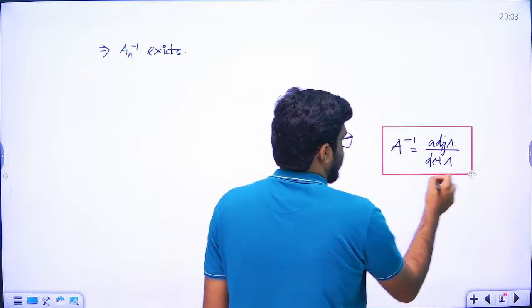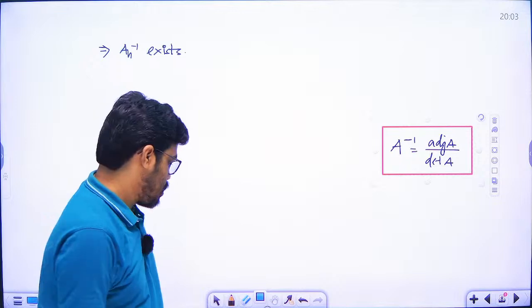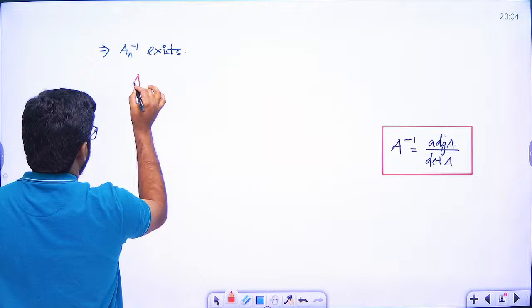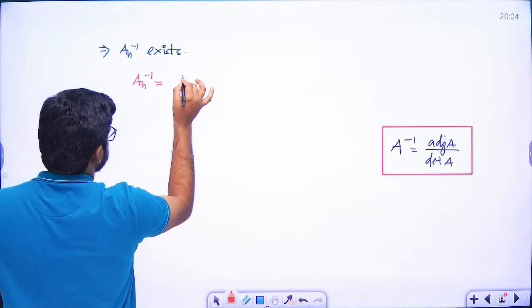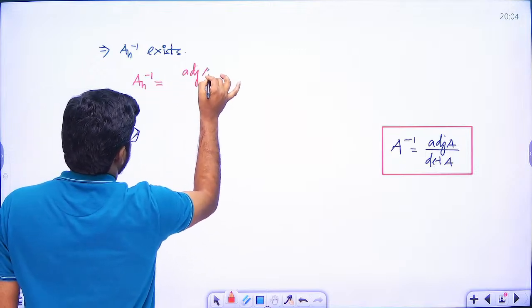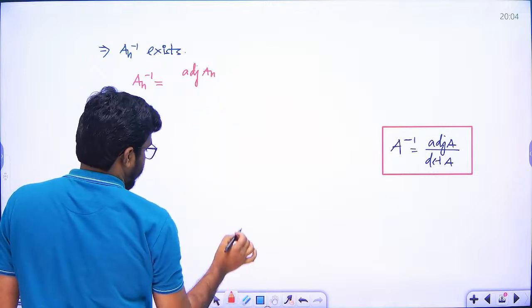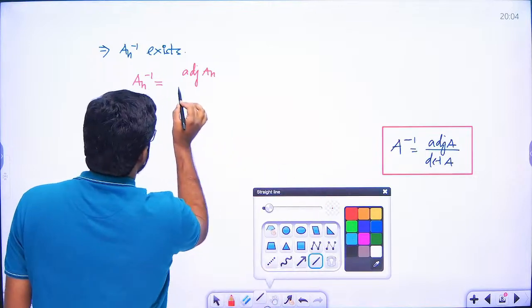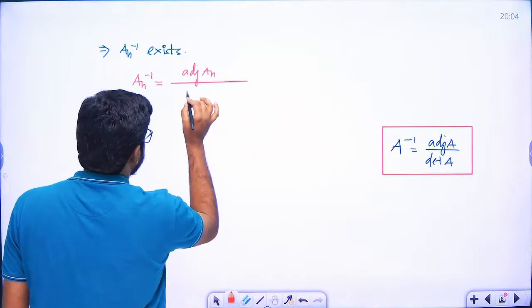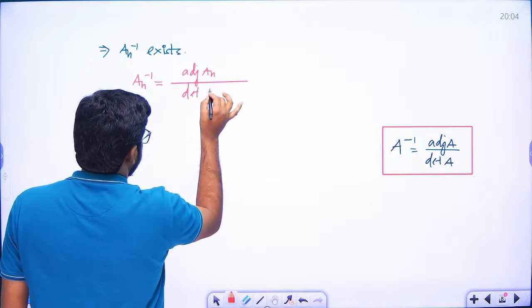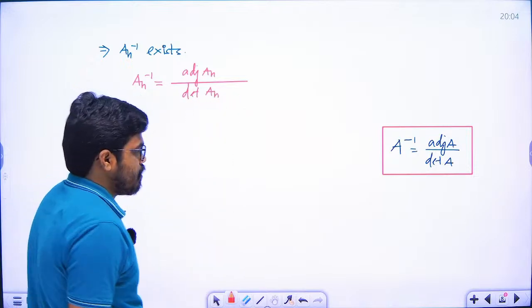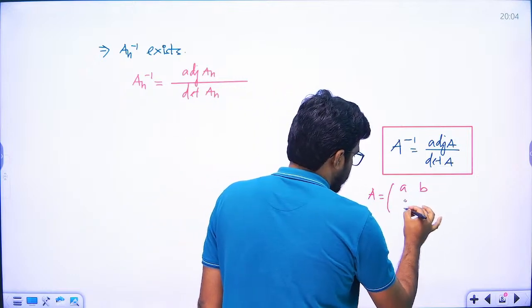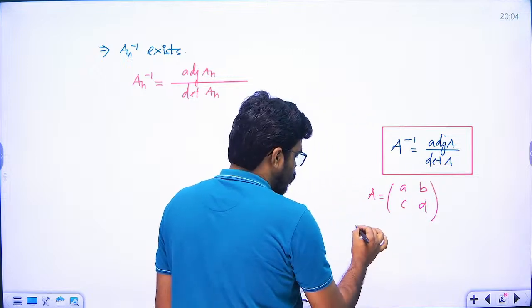A inverse is adjoint A by determinant A. So A n inverse is adjoint A n divided by determinant A n. Suppose A is a b c d, for a 2 cross 2 matrix.